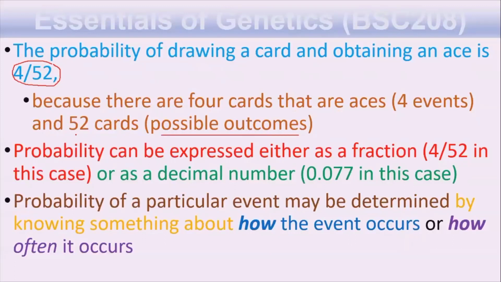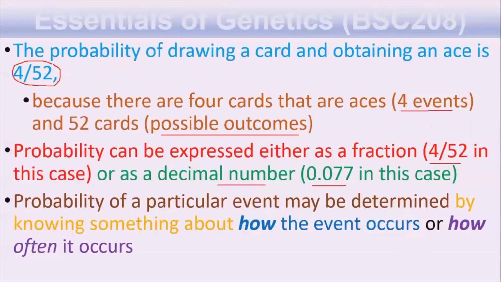From these 52 possible outcomes, there are 4 outcomes in which an ace will be obtained. Probability can be expressed either as a fraction, 4 by 52, or in decimal form, which is 0.077.